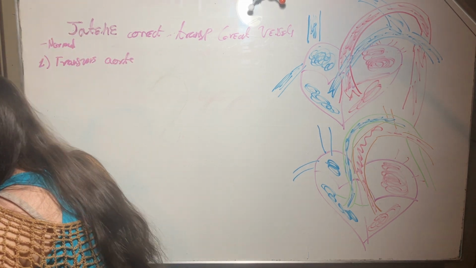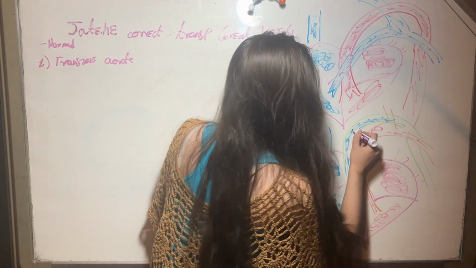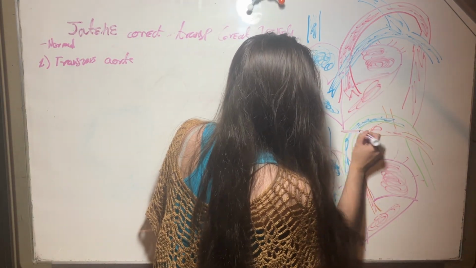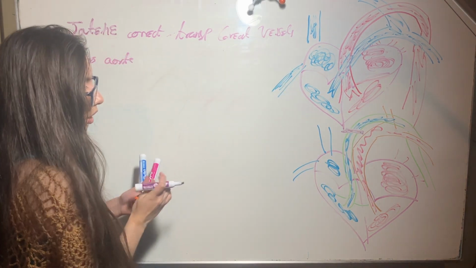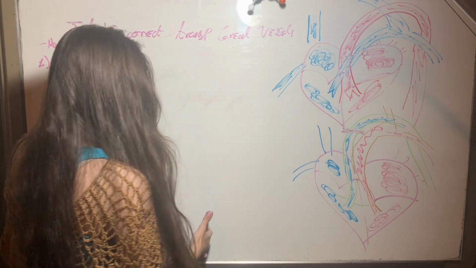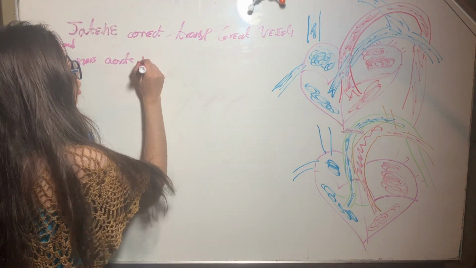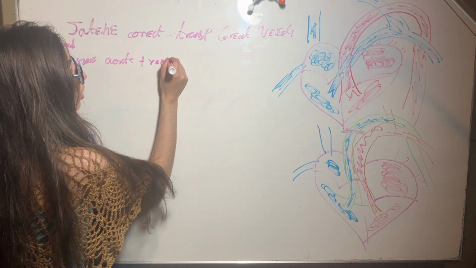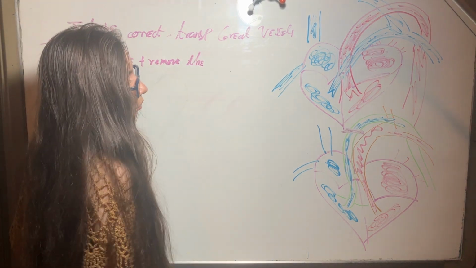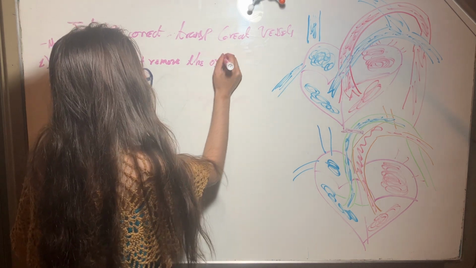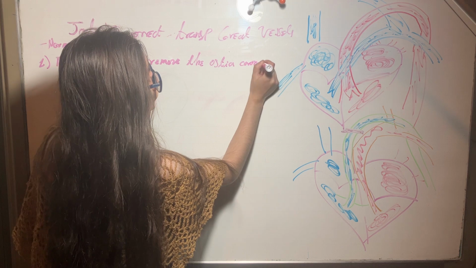This is a transverse incision of the aorta, and we are going to remove the ostia of the coronary arteries.